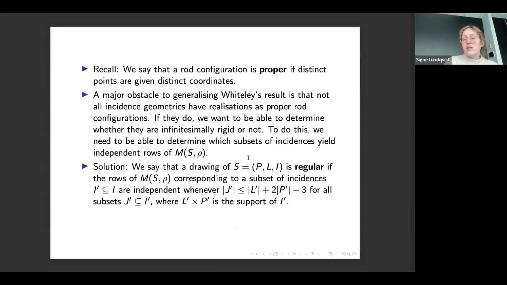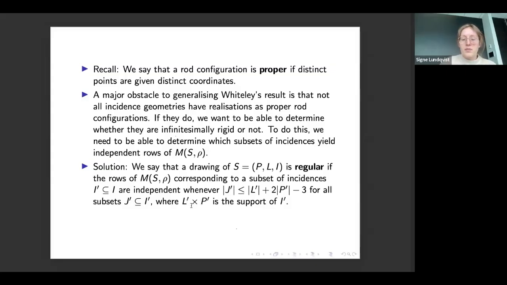And to get some control over that, we made this assumption on the drawing, the assumption of regularity, where we say that a drawing is regular if the rows of this parallel redrawings matrix corresponding to a subset of instances I prime are independent whenever this counting condition is satisfied for all subsets J prime of I prime.